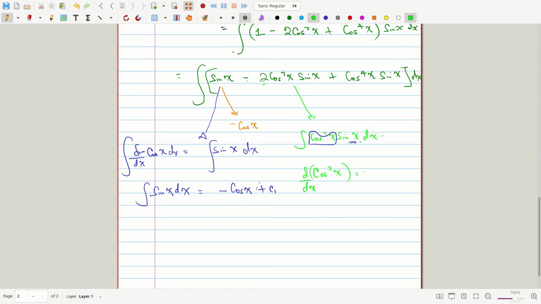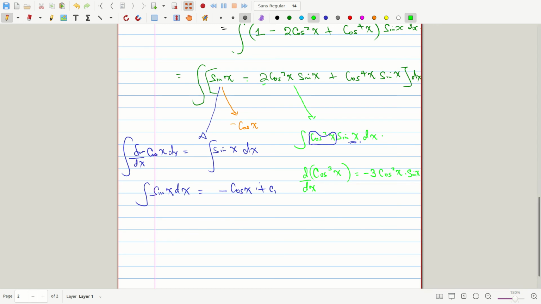Then what do we get here? According to the chain rule, we drop the power there, then it's cos squared x. Then, according to the chain rule, we multiply it times the derivative of cos, which is negative sine x.